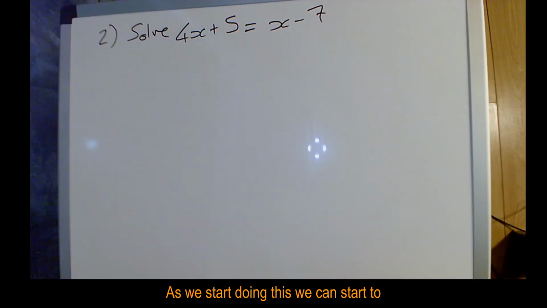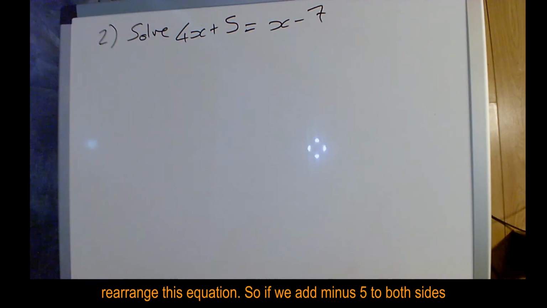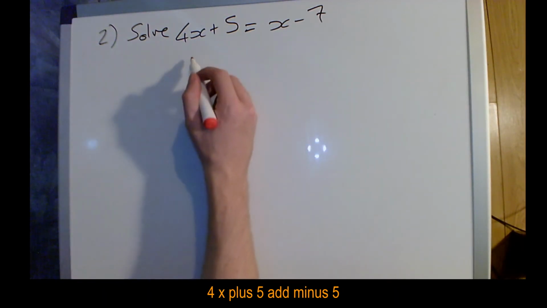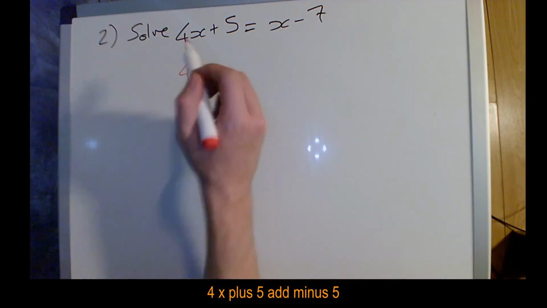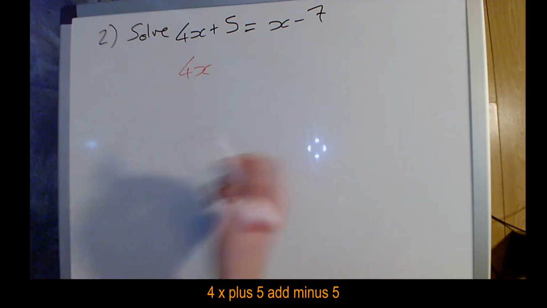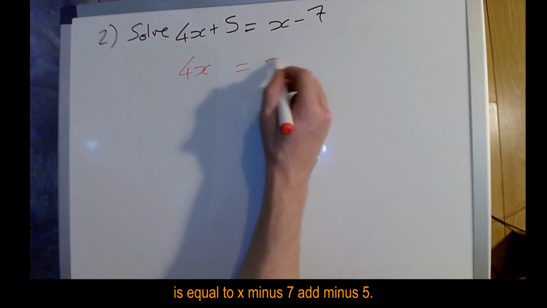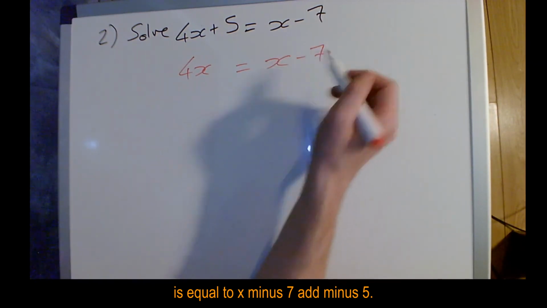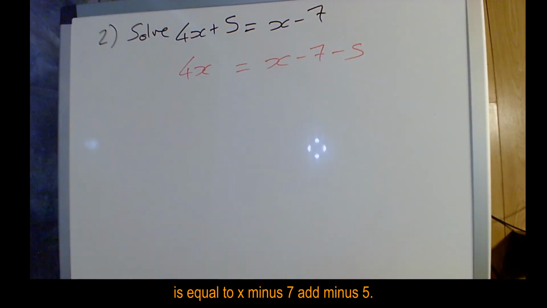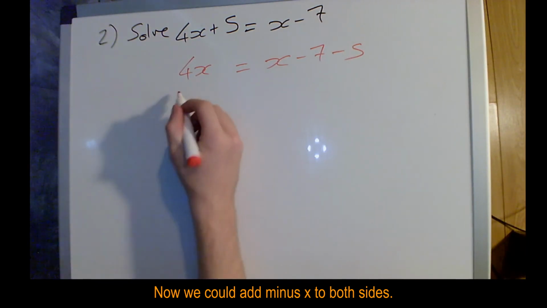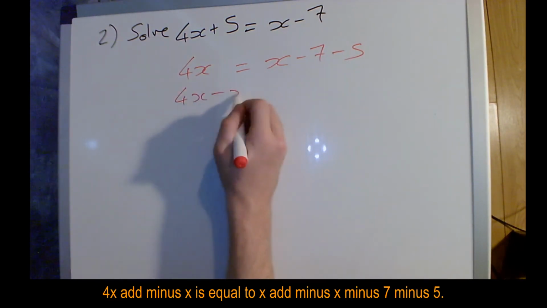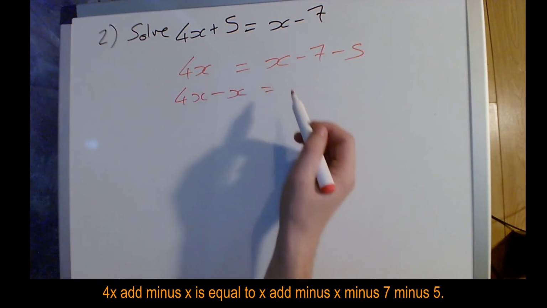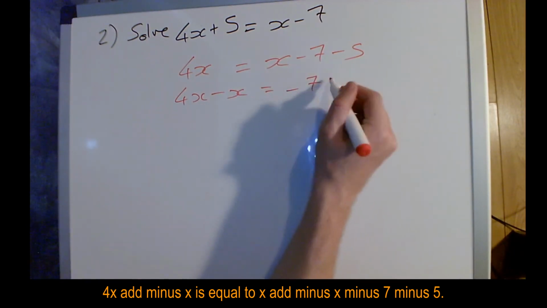As we start doing this, we can start to rearrange this equation. So if we add minus 5 to both sides, so 4x plus 5 add minus 5 is equal to x minus 7 add minus 5. Now we could add minus x to both sides. So 4x add minus x is equal to x add minus x minus 7 minus 5.